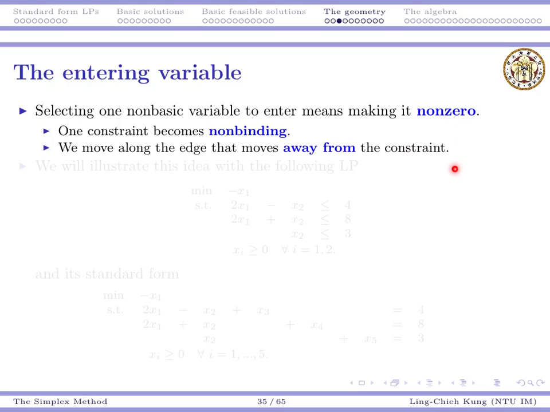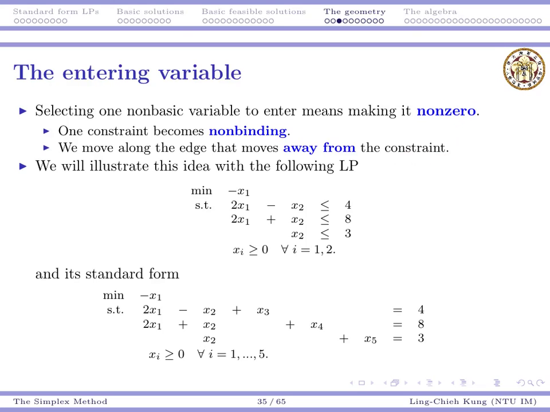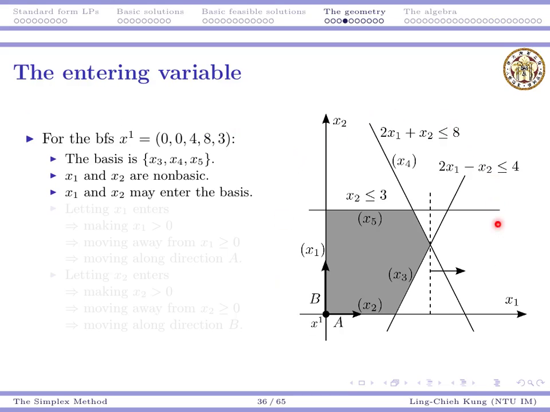To see these two things, let's use this example. I have 3 constraints and 2 variables, and I have the standard form problem. I have the feasible region like this. The 3 constraints translate to these 3 lines, and I have non-negativity. Suppose I look at this point x1 here.